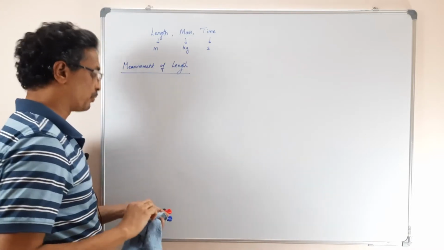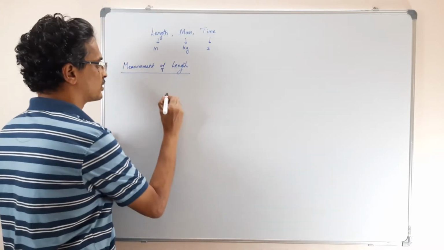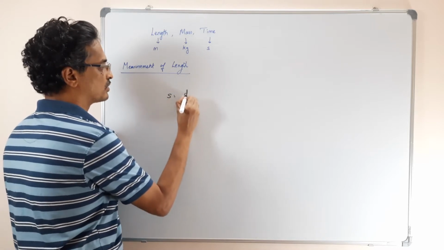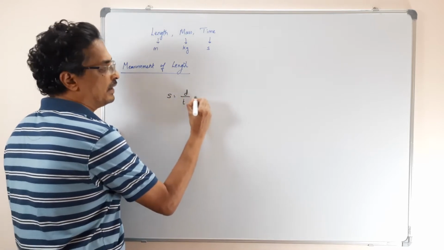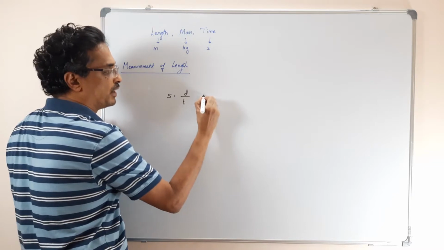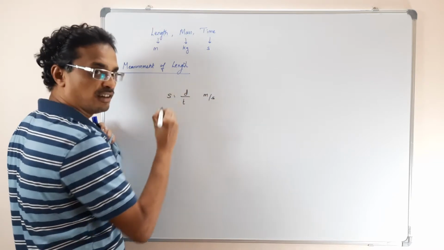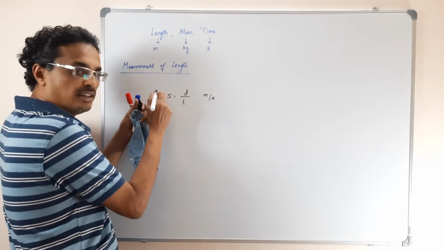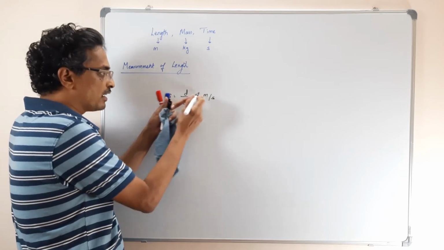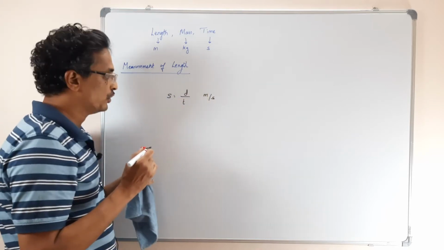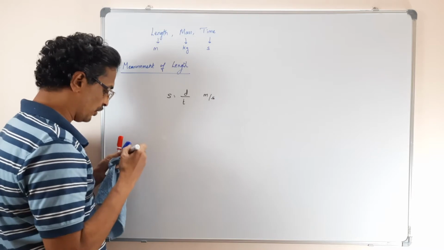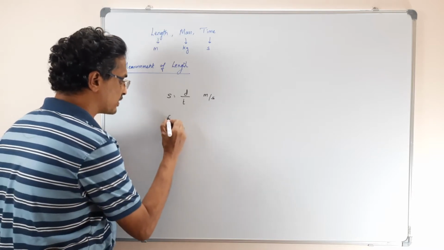What is the formula for speed? Speed is equal to distance by time, right? So distance will be in meter, and speed in meter per second. Now if I know the speed, and if I know the time, I can always define what my meter is. So they calculated the velocity of light, which is denoted by c.